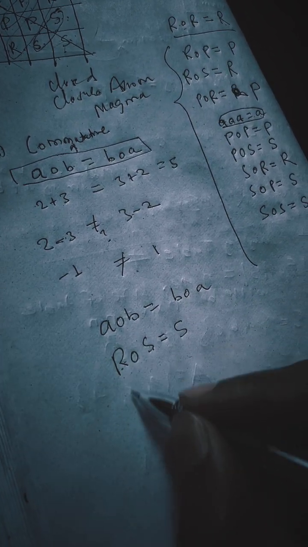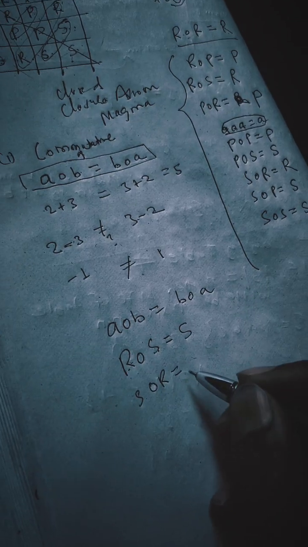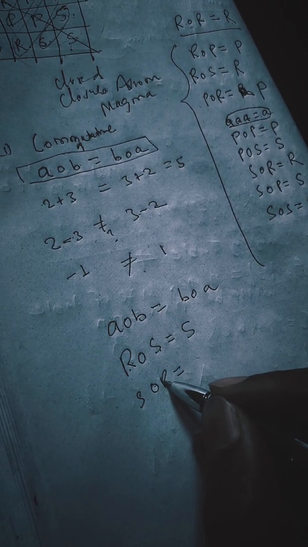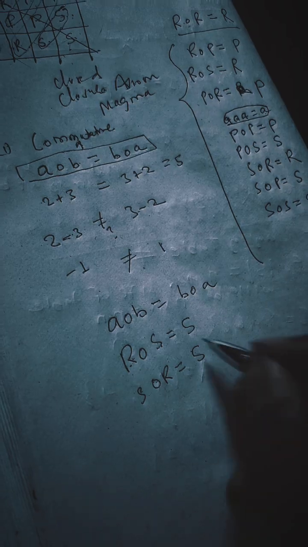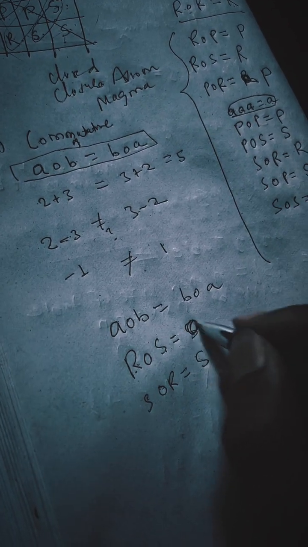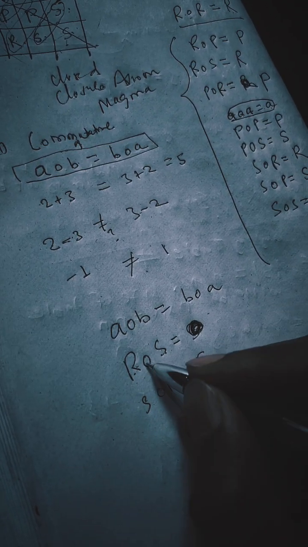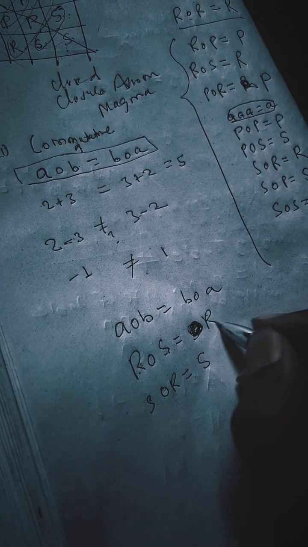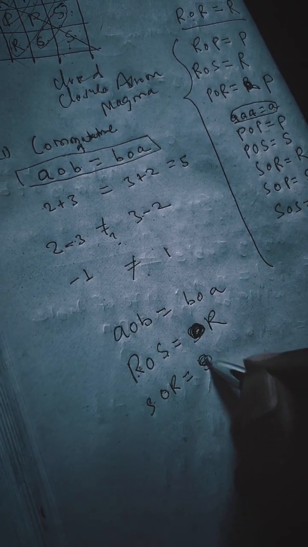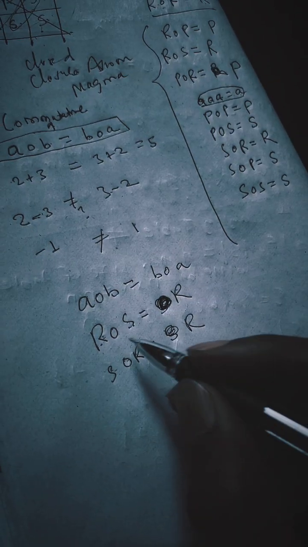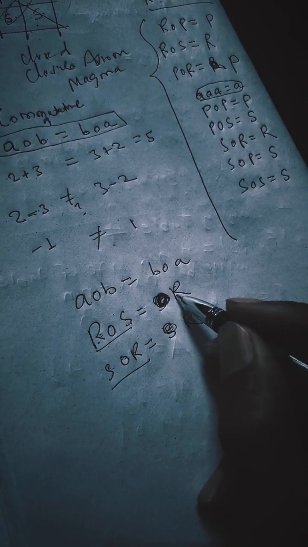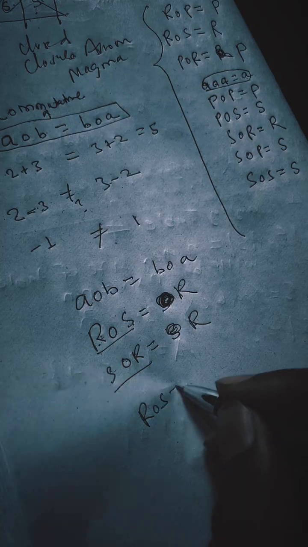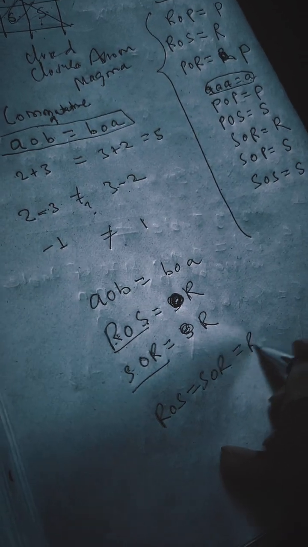Now let's do the opposite, S O R. Who wins? Scissor operate on rock. The answer is scissor. Oh, I made a mistake. Among rock and scissor, rock is going to win. Scissor and rock, rock is going to win, right? So we saw this and this are equal because both produce R. So R O S equals S O R equals R.